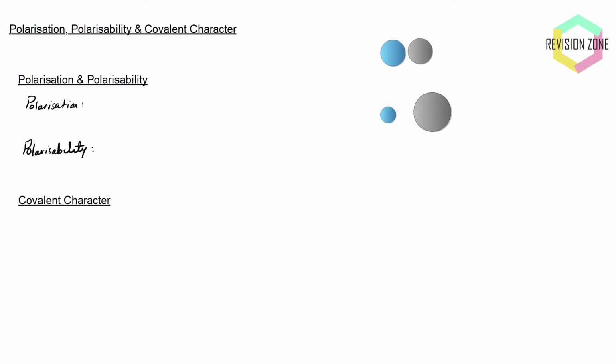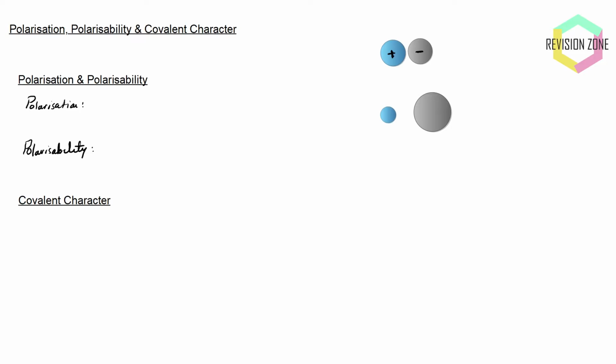In order to describe what polarization and polarisability are, I've drawn a few circles on the right hand side here. These are basically showing what ions are present. I'm just going to keep it really simple and just say this is a positive ion and this is a negative ion. These two ions, you could tell pretty much they are the same size.